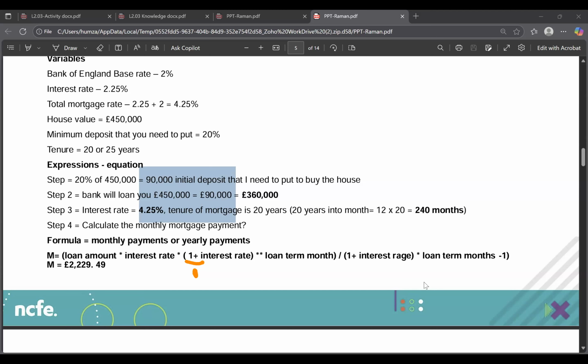So if we look at it every month, so monthly payments without interest, the loan amount is 360,000. It would be 360,000 divided by 240 months. That would be without interest.